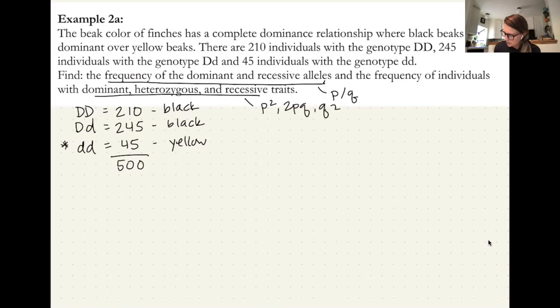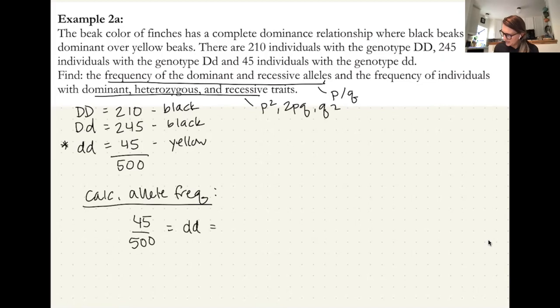So first thing I'm going to do is calculate our allele frequencies, again by starting with my homozygous recessive. We know the genotype of little d is the same as saying Q squared. So when we calculate that, we get 0.09 is Q squared. When we do the square root, Q is going to be equal to 0.3.